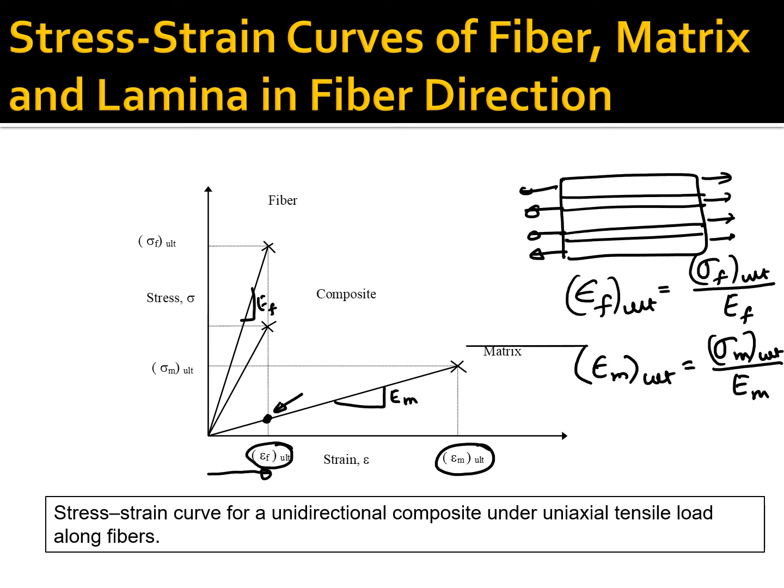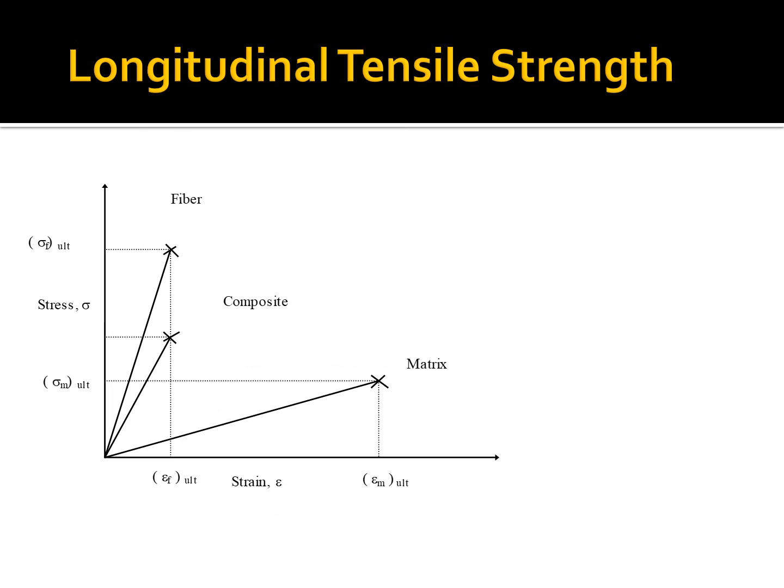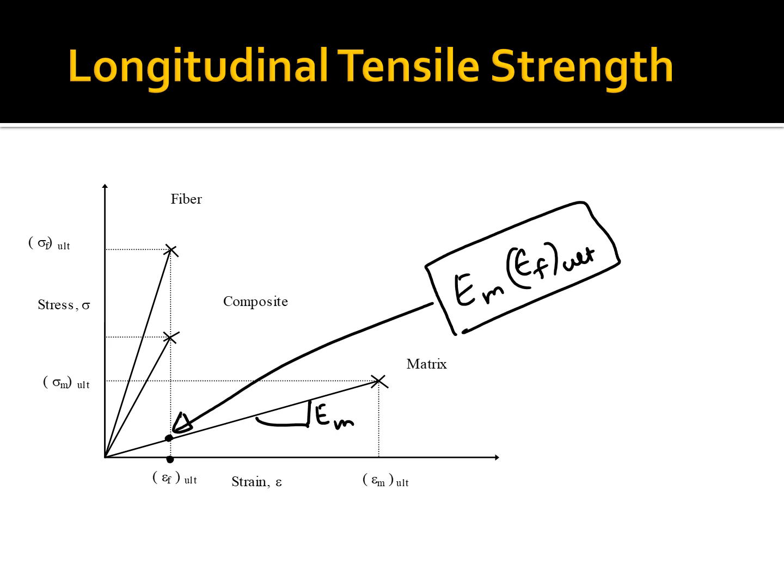However, it is only going to be able to take this amount of stress which is right there. At this point, the stress in the matrix is Em times epsilon F ultimate, because Em is the Young's modulus and the strain there is epsilon F ultimate. We need to include that as the stress experienced in the matrix, as opposed to this being the stress in the matrix.